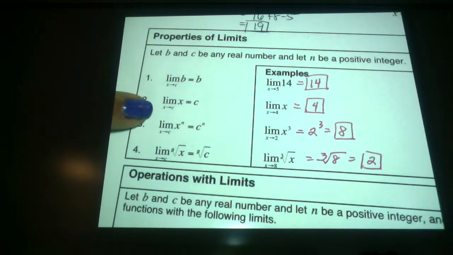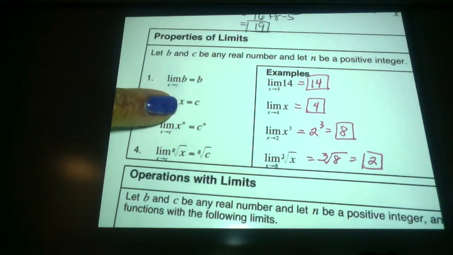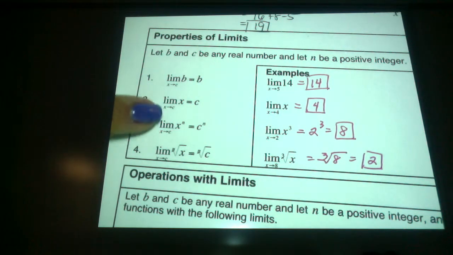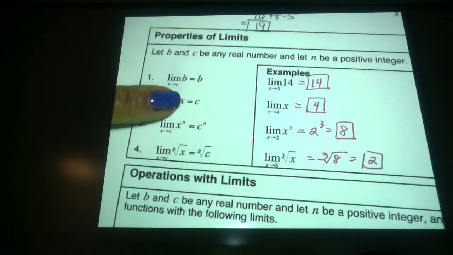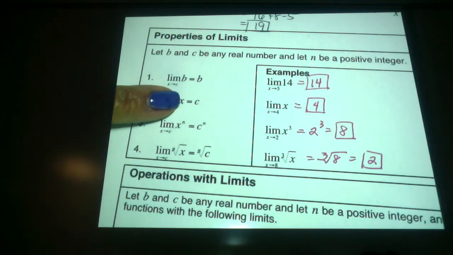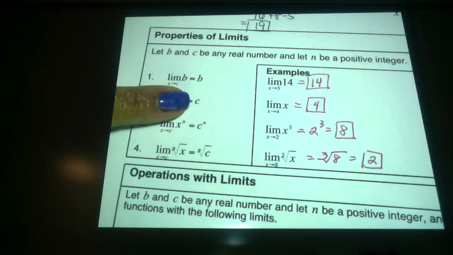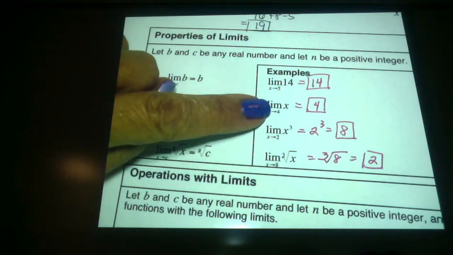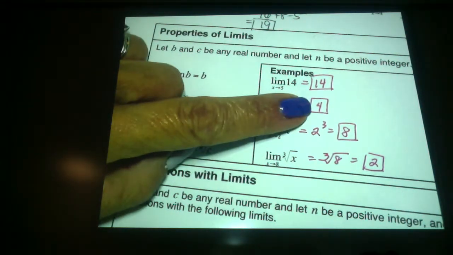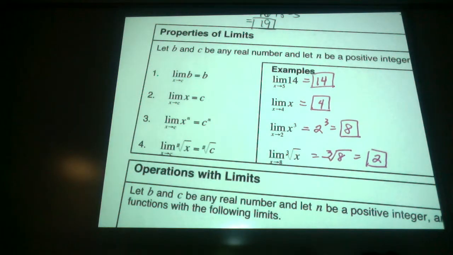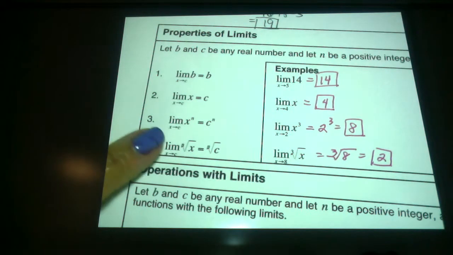This particular property says that if you have just x in there, as x approaches c, if I use substitution and replace x with c, won't the limit be c? Look at a real number here. Here it is. I want the limit as x approaches 4. Replace x with 4, don't you get 4? So that's just a very simple function. Same thing here.